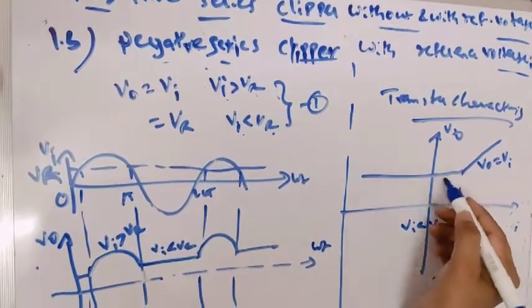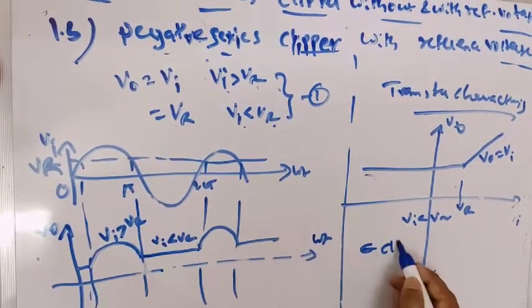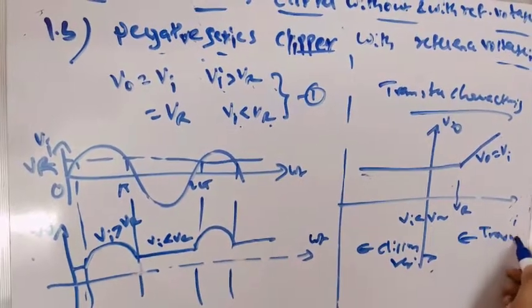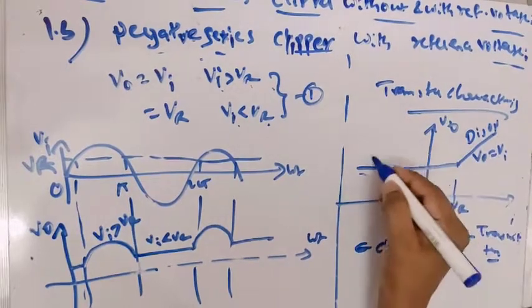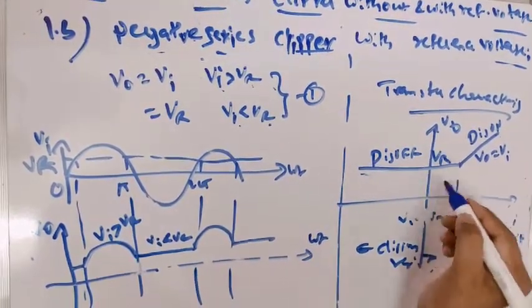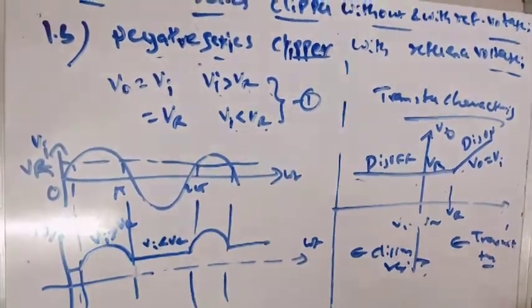This is called the clipping region and this is called the transmitting region. There are two regions here. In this case the diode will be on, here the diode is off. When the diode is off, the output voltage will be restricted to VR. When the diode is on, the output follows the input.